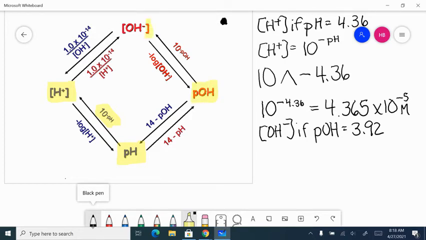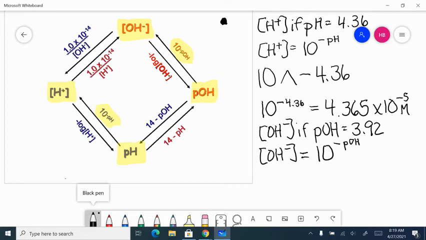I'm asked to find OH minus. So I'm going to follow the arrow that takes me from pOH to OH minus. And my equation becomes concentration of OH minus equals 10 to the negative pOH.